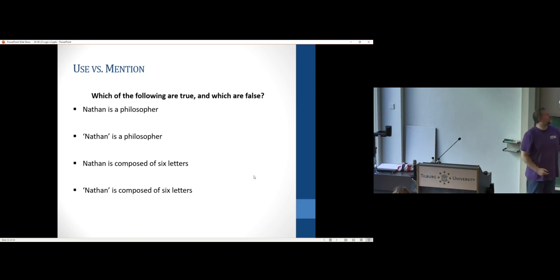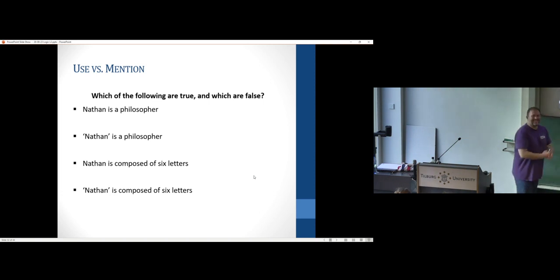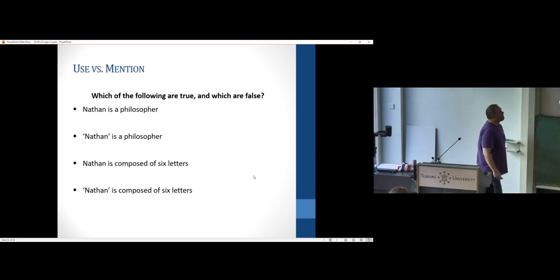What's the difference? What's going on? Let's think about just our third and fourth one. Why are we disinclined to say 3 is true, but inclined to say 4 is true? Yeah. When you are referring to a word or a name, basically, and you put it between the quotation marks, is what it is. And when you're using the words, then you don't.